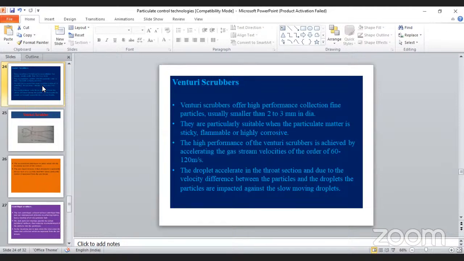Here the concept is that velocity difference is what matters. From moderate velocity to a little higher velocity, from higher velocity again we bring it down to less velocity. So when the velocity is different, the flow rate also will be different.